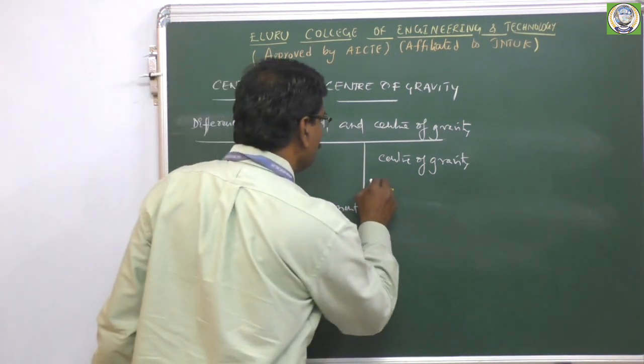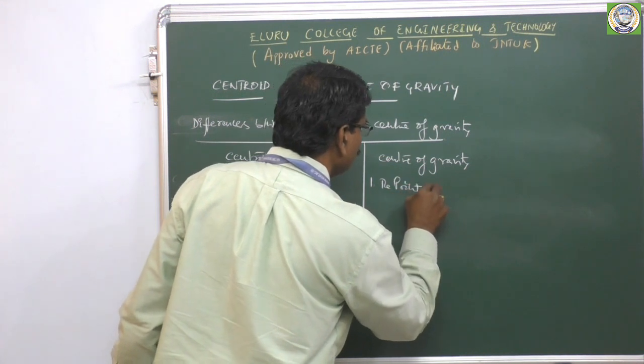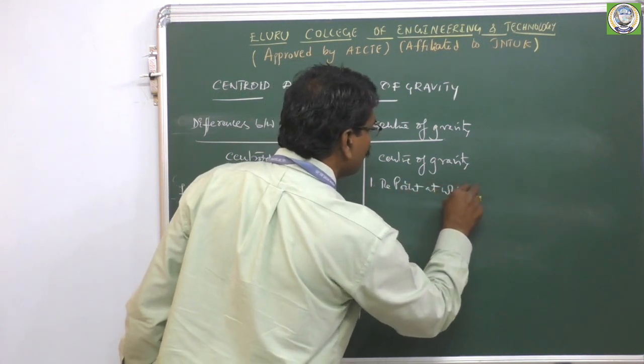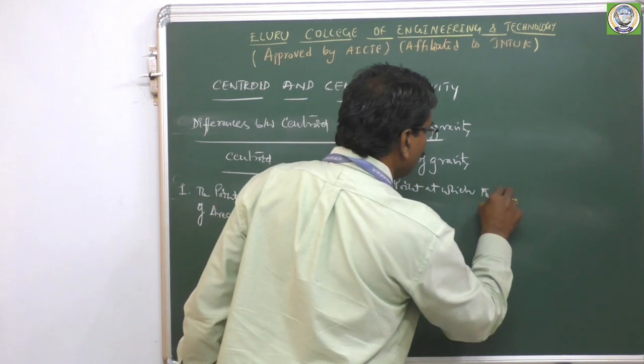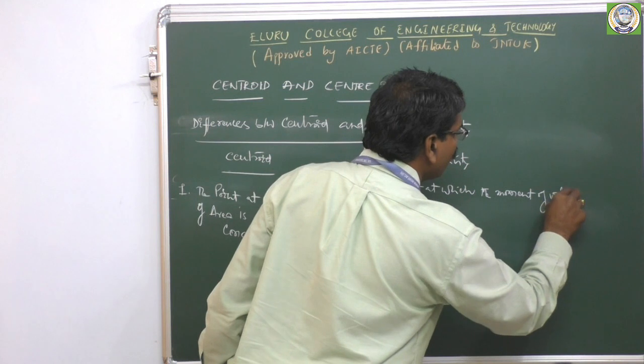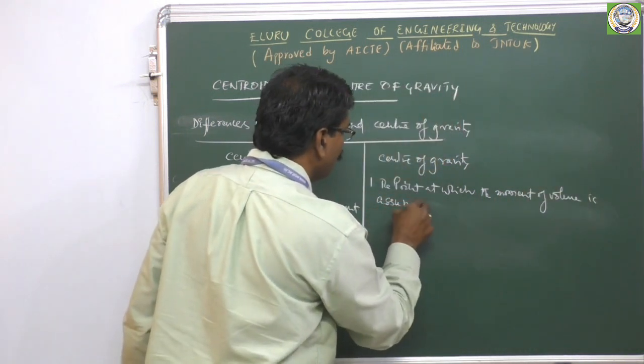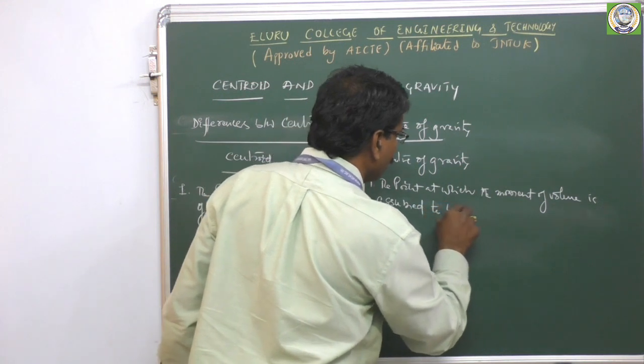The first difference in center of gravity is the point at which the moment of volume is assumed to be concentrated.